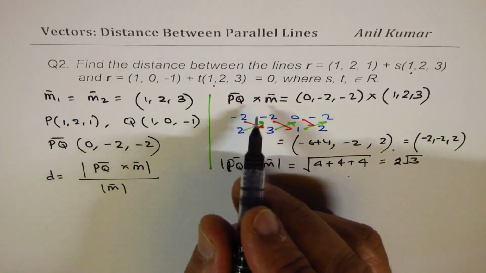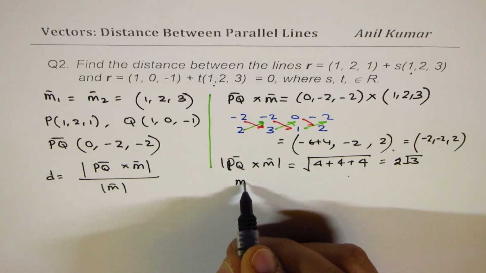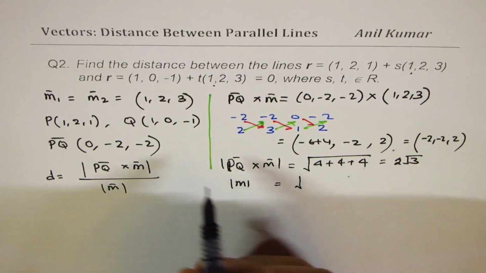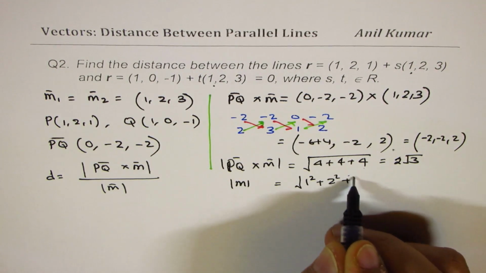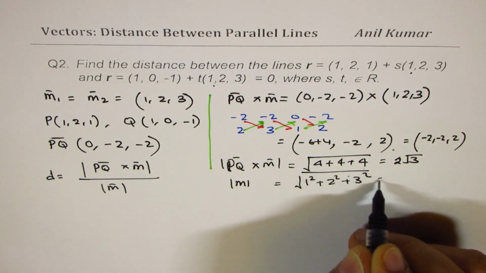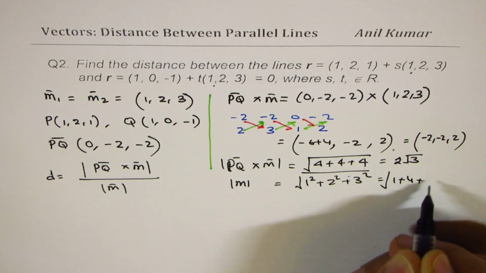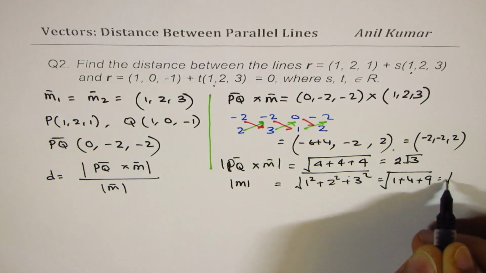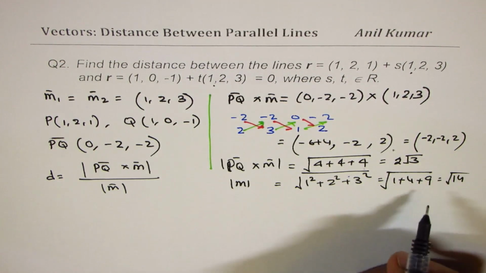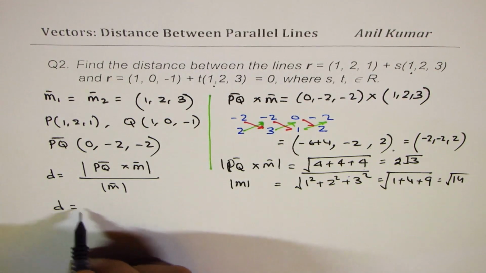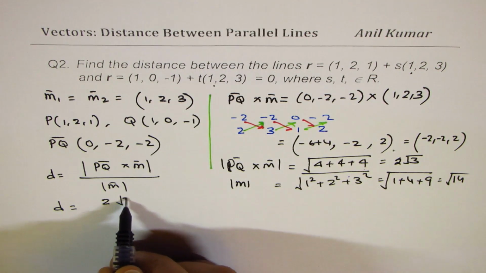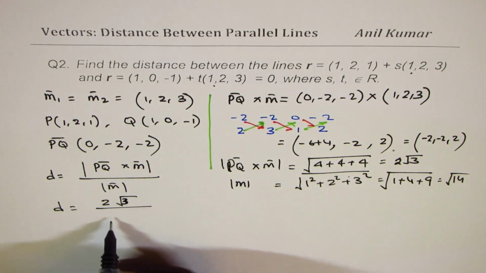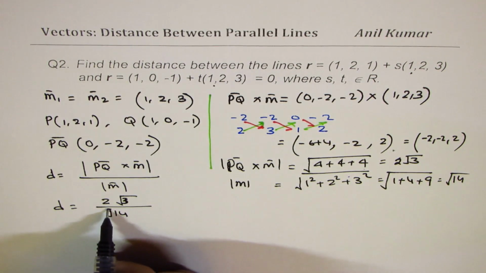And the magnitude of M is square root of 1 square plus 2 square plus 3 square, which is 1 plus 4 plus 9, square root of 14. Therefore, the distance D is equal to 2 square root 2 divided by square root of 14.